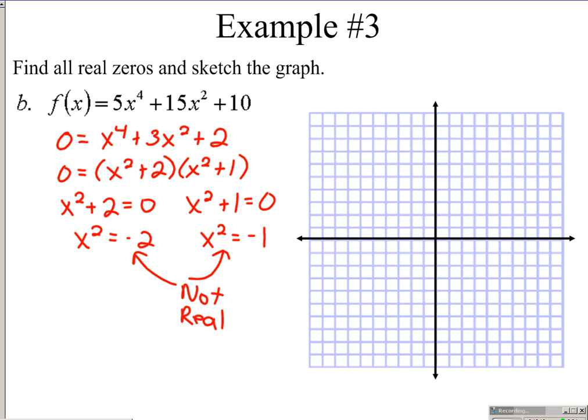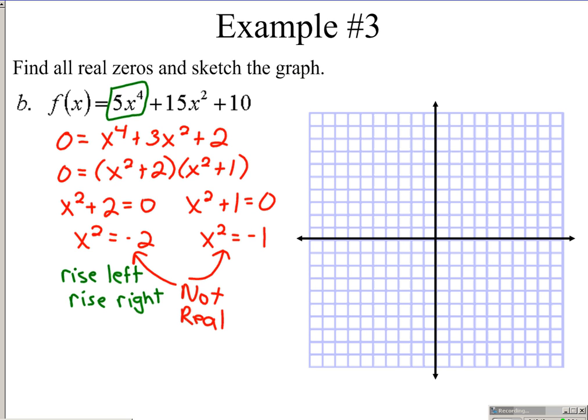Remember, real solutions correspond to x-intercepts. So we know this graph is going to have no x-intercepts. Right and left-hand behavior. Looking at the first term, even exponent, positive lead coefficient, tells us our graph is going to rise to the left and rise to the right. There are no real solutions, which means there are no x-intercepts.